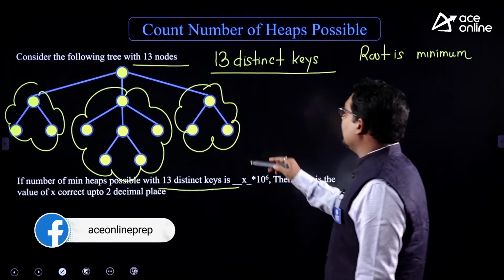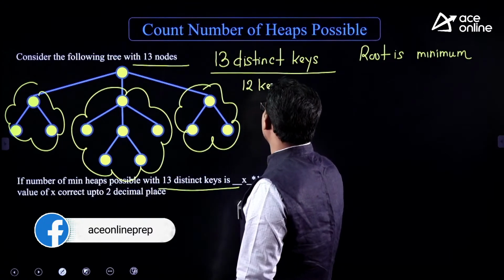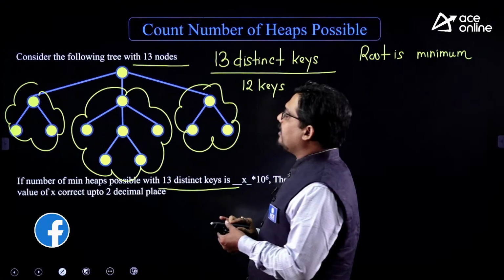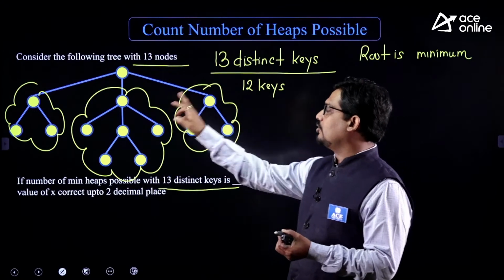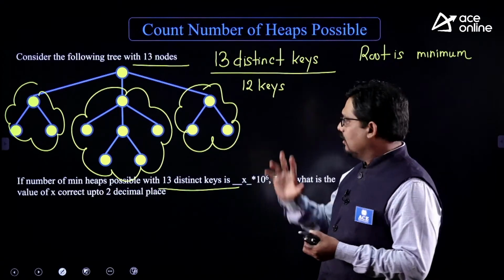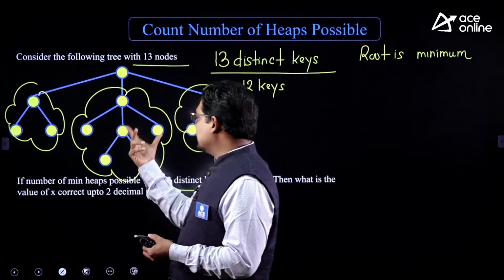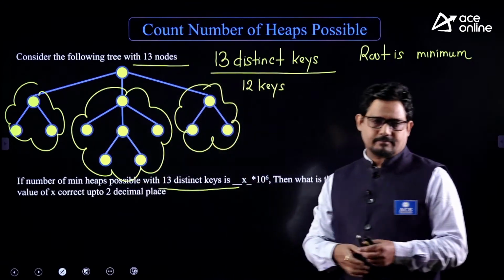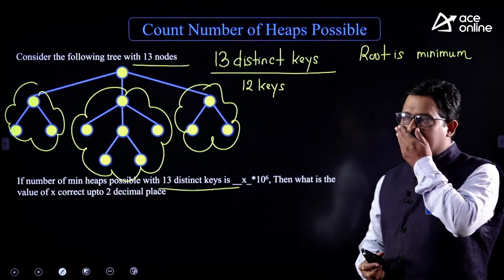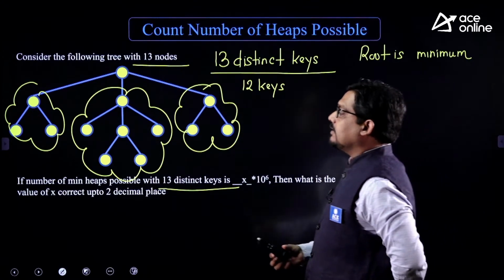3 different structures are present in this case. How many keys are remaining? The number of keys remaining is 12. Among these 12 keys, you will distribute them as 3, 6, and 3. How many ways can I select the 3 keys here?